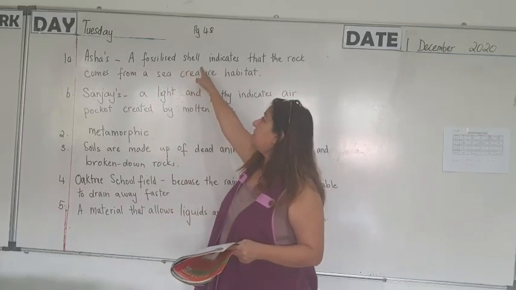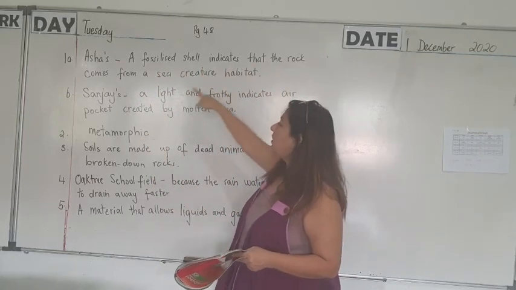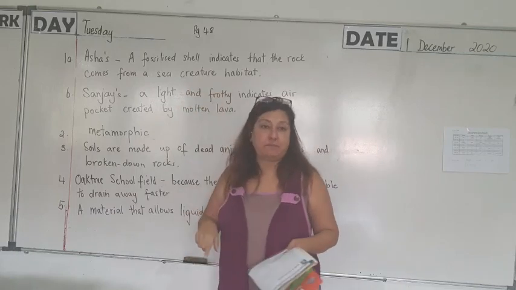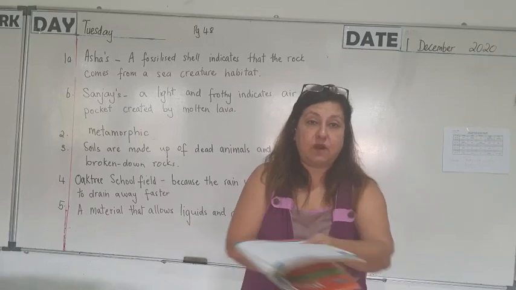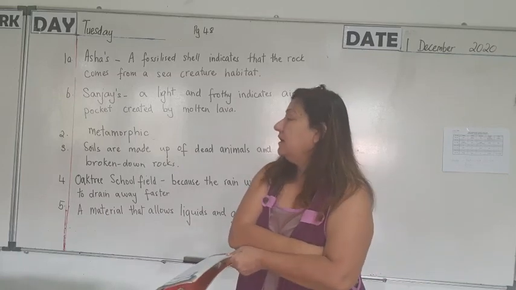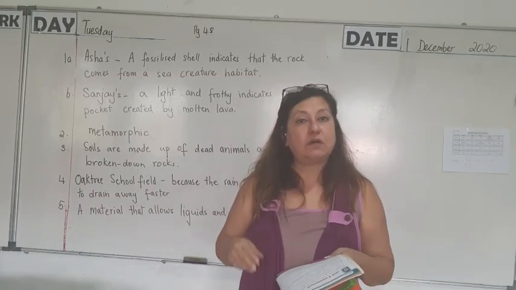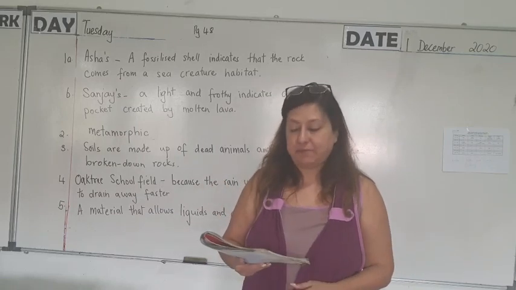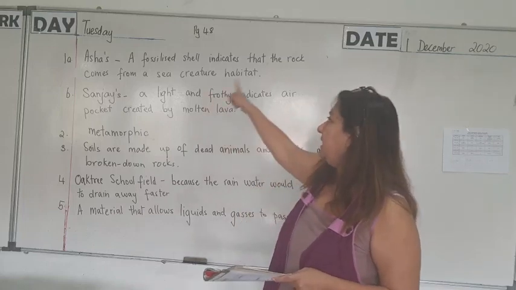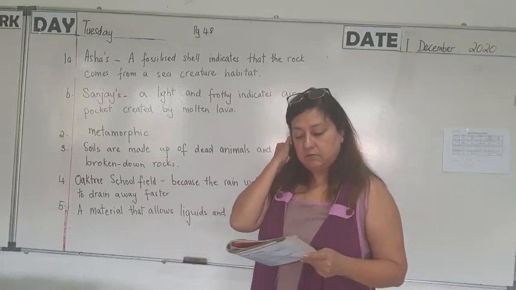Because a fossilized shell indicates that the rock comes from a sea creature habitat. Now, you find shells near the sea, of course, right? So, what does the shell inside the rock indicate or show? That it comes from a sea habitat, okay? So, please copy A, as you can see on the board.